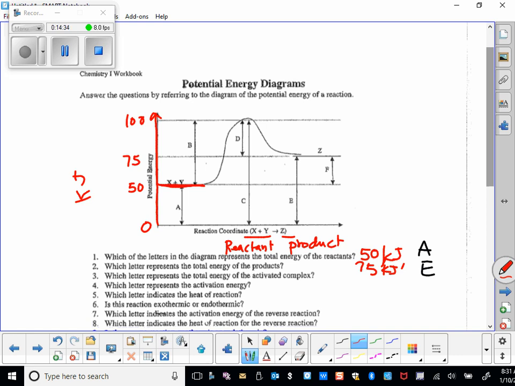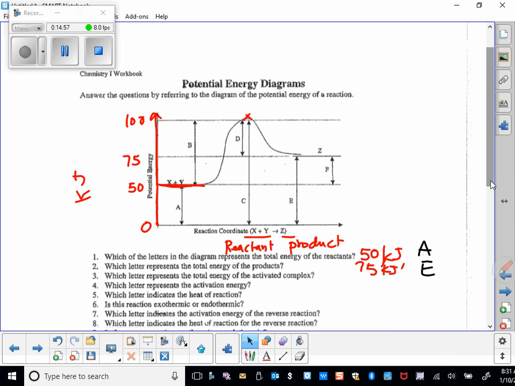Anna, do you know where the activated complex is? Do you know which one is the activated complex? Well, you have to start from 0 and go all the way to the top of the curve.